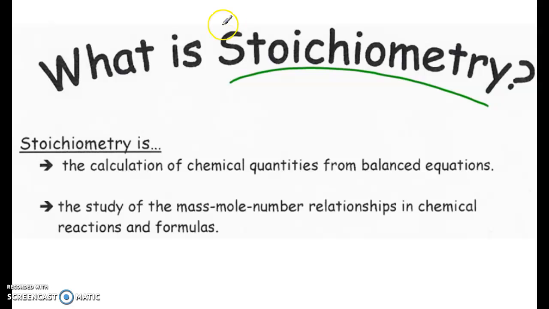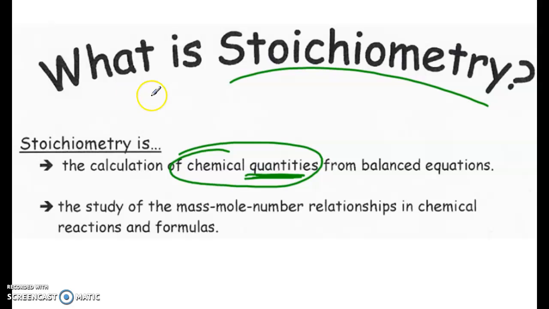Stoichiometry itself is essentially using chemical quantities to calculate various things in balanced equations. So for example, let's say I had a reaction. We can use this to predict how much product is made.